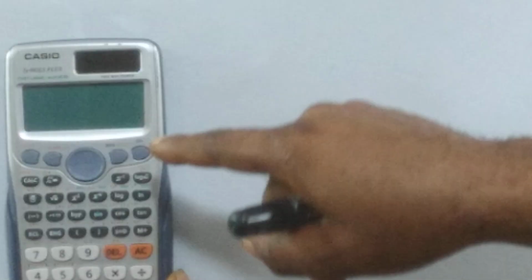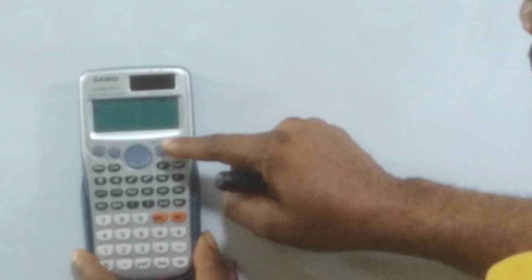Alright, now watch this. Clear the function key first. Punch shift, okay, it's on. Punch shift, punch 9, punch 3, equal to, and AC to clear everything that has been stored in the calculator. Then let's operate the complex number. First thing is to convert this to complex number. How? Punch mode 2.